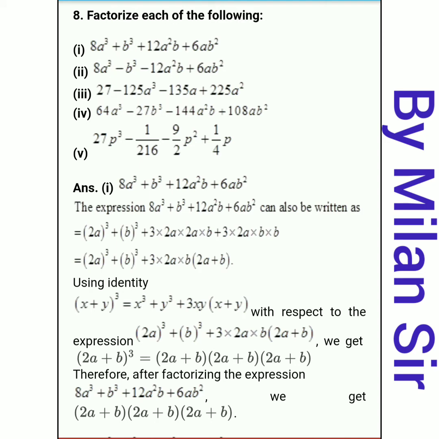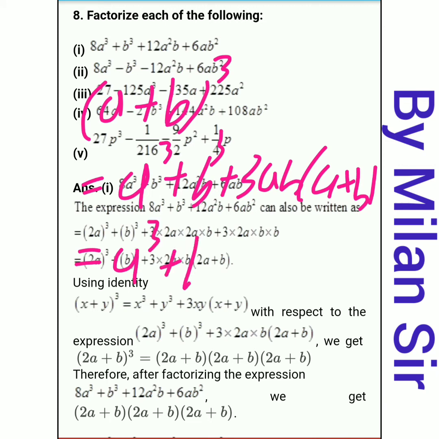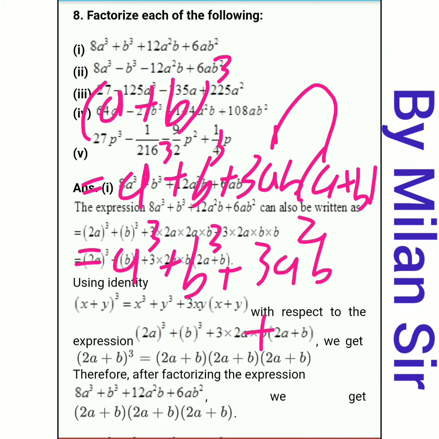This is the identity of a plus b all cube. Okay, a cube plus b cube plus 3 times ab, here we use ab, right? That's why. And in bracket a plus b. So final answer of this identity, I already explained to you in the theory part. So 3ab multiply a, it is 3a square b, right? A multiply a square. Then 3ab multiply b, it is 3ab square.